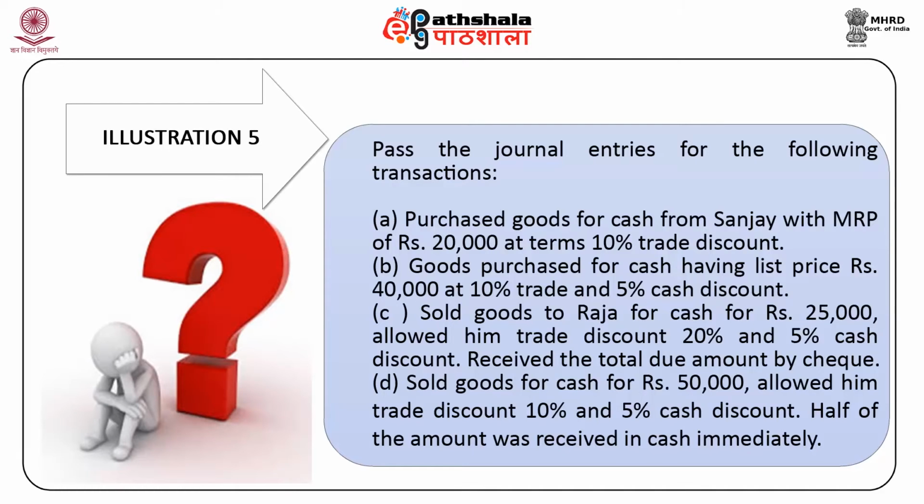D. Sold goods for cash for Rs 50,000, allowed him trade discount 10% and 5% cash discount. Half of the amount was received in cash immediately.